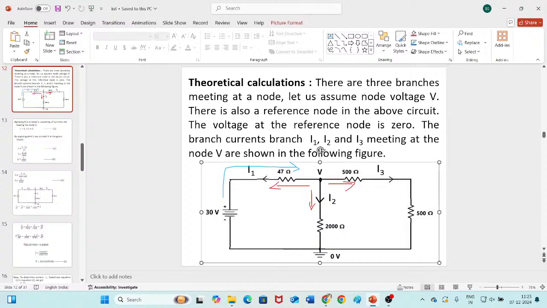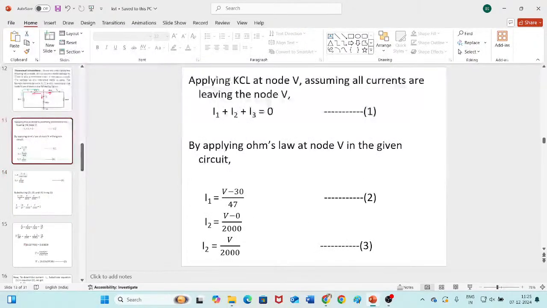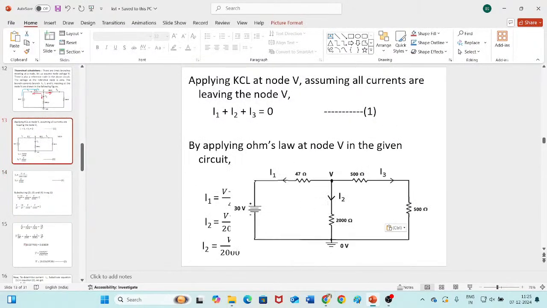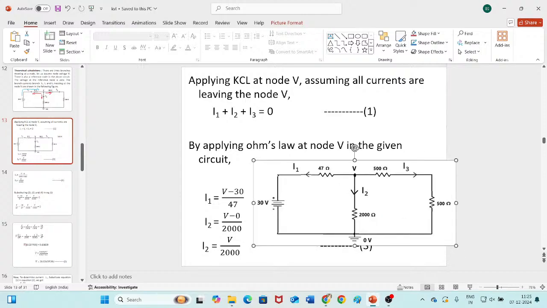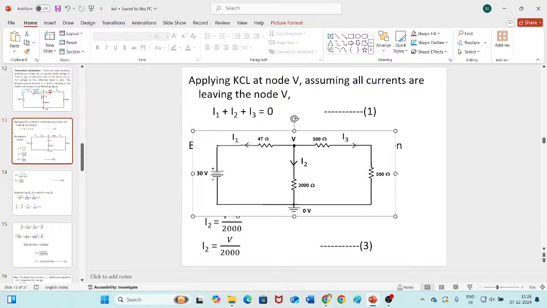Now let us consider this circuit. Here this is my circuit.